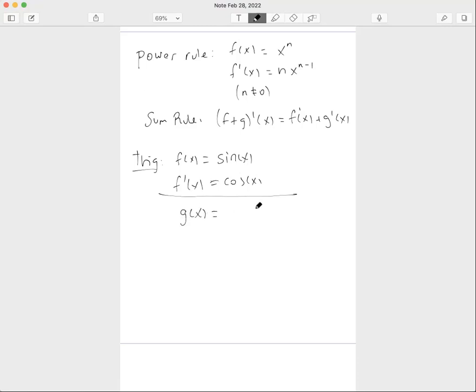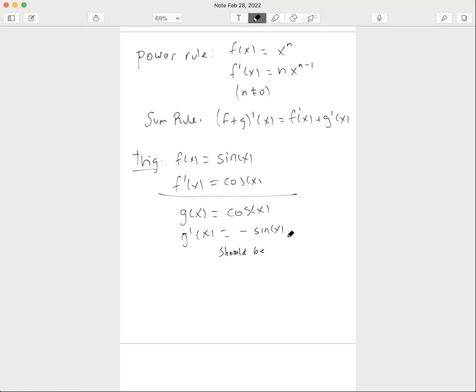Let's say your function is cosine. I'll task you to find the derivative. Don't just look it up. Do the limit. It should be negative sine. It's something you should memorize, but you should know why it is negative sine.